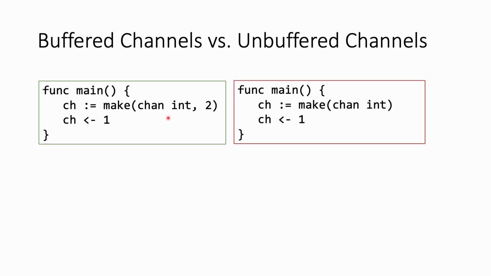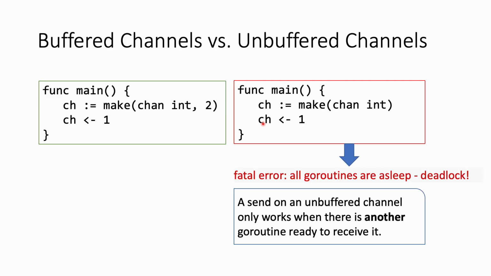Note that in both programs, there's only one goroutine, which is the main goroutine. So when the main goroutine sends on the unbuffered channel, there's no other goroutine. This leads to a fatal error because a send on an unbuffered channel only works when there is another goroutine ready to receive it.